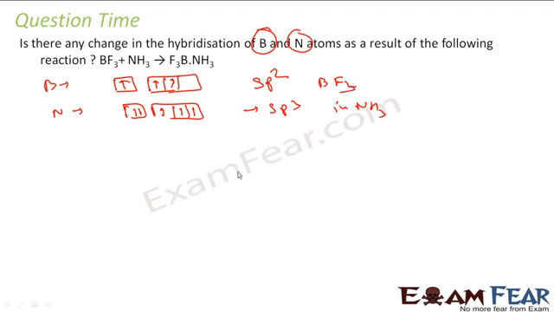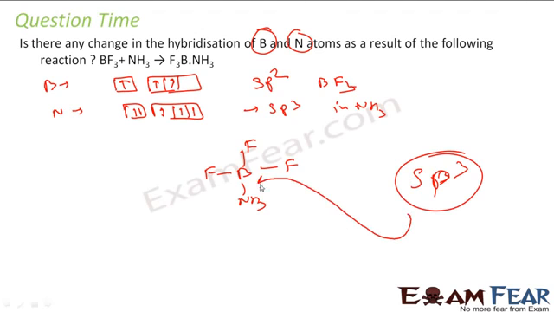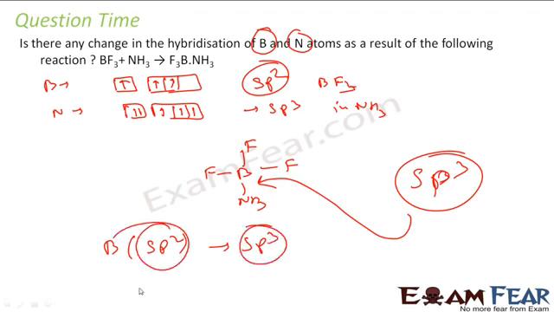But when you talk about this compound, we have B in the center, you have 3 F, and we have NH3, so you need 4 bonds, right? So minimum sp3 hybridization is required for boron. So here it was sp2, now it is sp3. So boron moved from sp2 to sp3 in this case, correct?